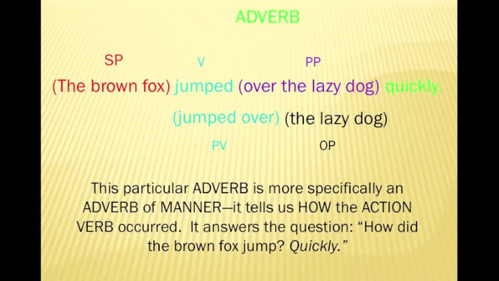So this particular adverb, it would be helpful to define what kind of adverb it is. Since we have so many different categories, we want to think about what it actually answers. In this case, it tells us how the action occurred. It answers this question: how did the brown fox jump? And the answer is quickly.